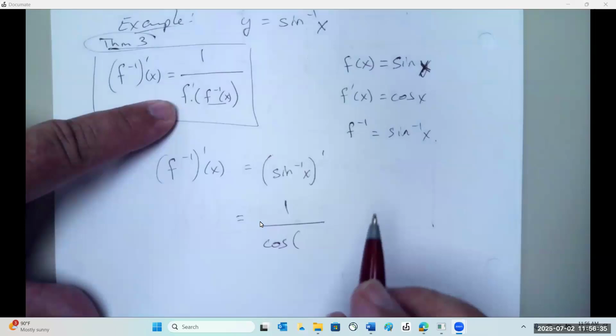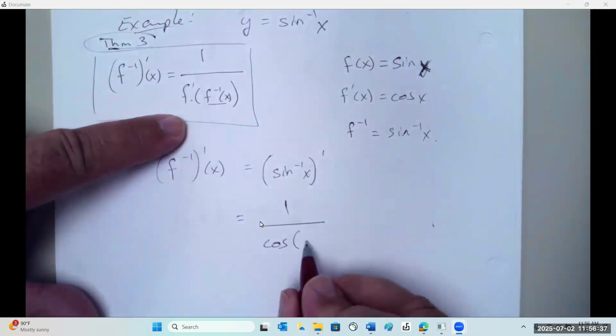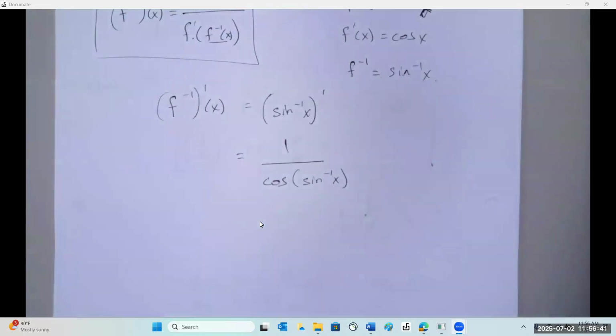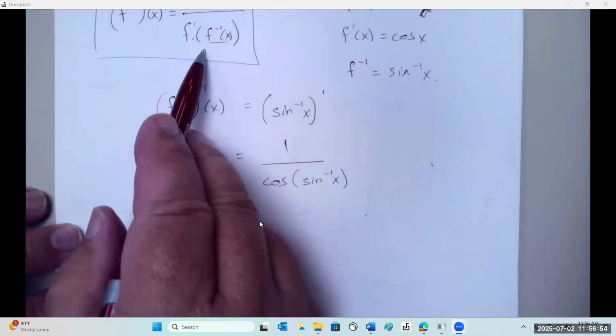Instead of x, we put the inverse function, sine inverse of x. So far, so good. All we're doing is plugging into the formula what we have.